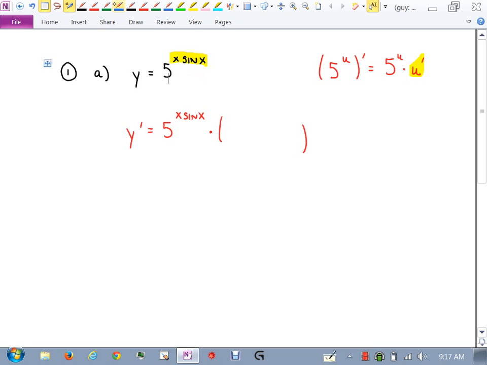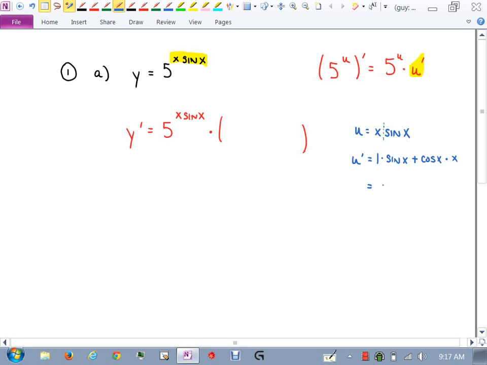So maybe on the side here, write down your x sine x. That's your u, basically. The derivative of that will be your product rule. So what is the derivative of x sine x? Derivative of x is 1 times sine x, plus the derivative of sine x, which is cosine x, times x.